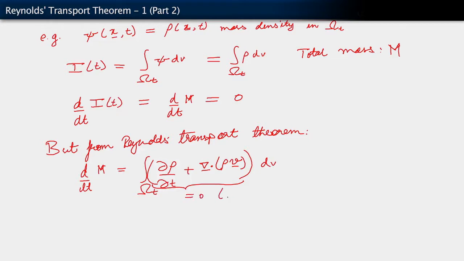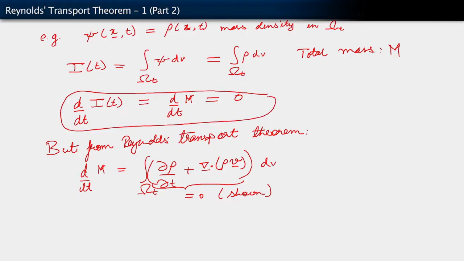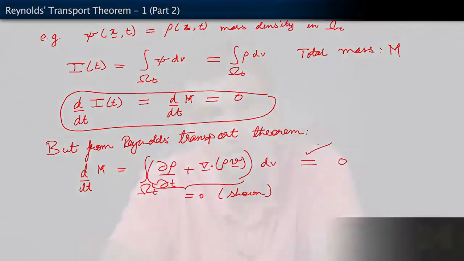We've already shown this, and so everything works out. We do expect that the mass is going to be conserved. We have this physical idea of the mass being conserved, and we've already seen this result. So this is indeed equal to 0, checks out.